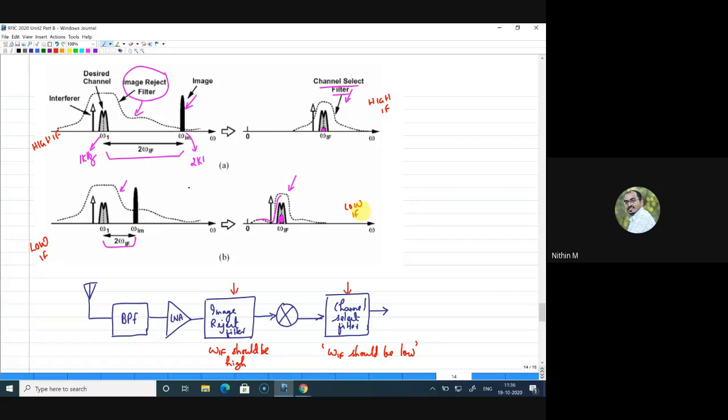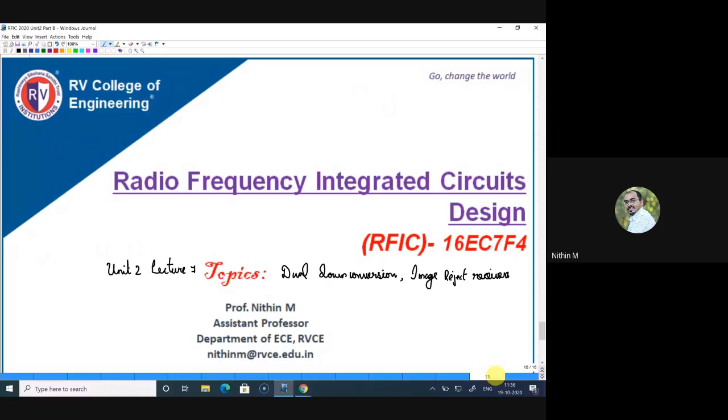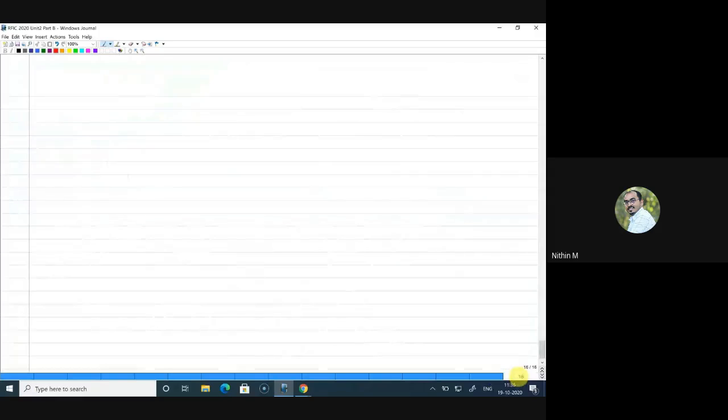So we understood that there is a trade-off between image rejection and channel selection. And now the question is, as we understood there is a trade-off between image rejection and channel selection, how do we go about it now? So that is what we will do today.